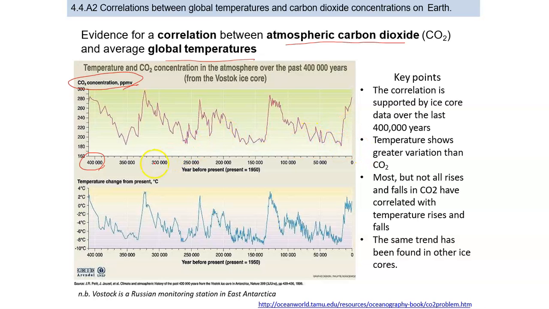But before that, even until 400,000 years ago, this information was collected from ice cores. And you will see how the level of carbon dioxide goes up and down and up. You can see this pattern.